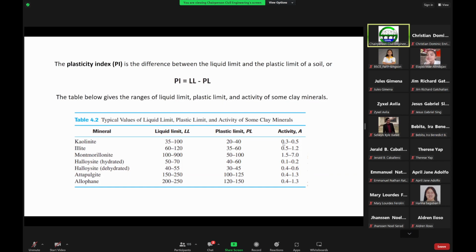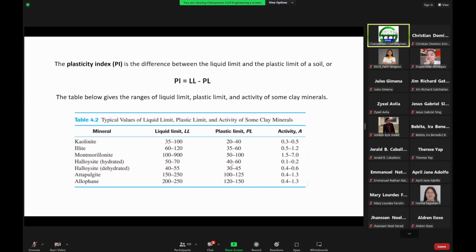For different clay minerals, such as kaolinite, illite, and montmorillonite clays, you have here the corresponding liquid limit and plastic limit values, at least the typical range. You would see here that the liquid limit values are generally higher than the plastic limit values.